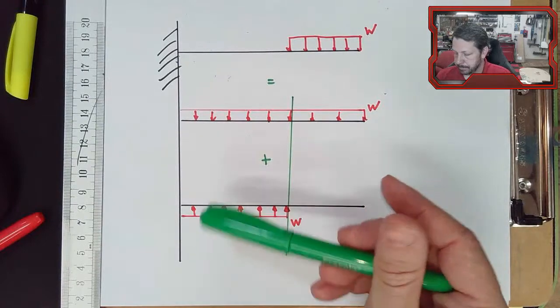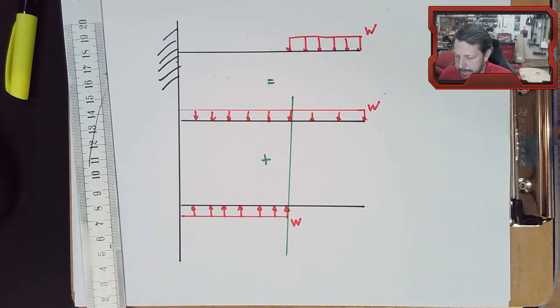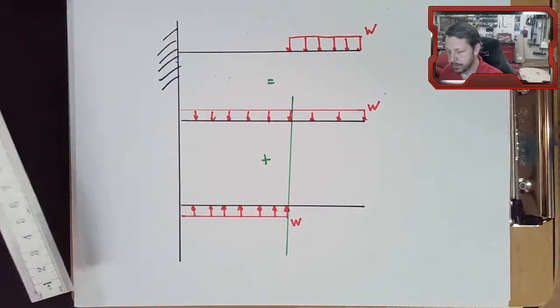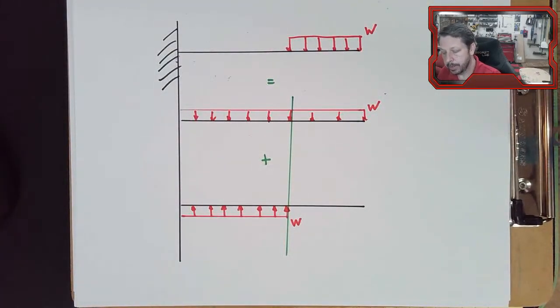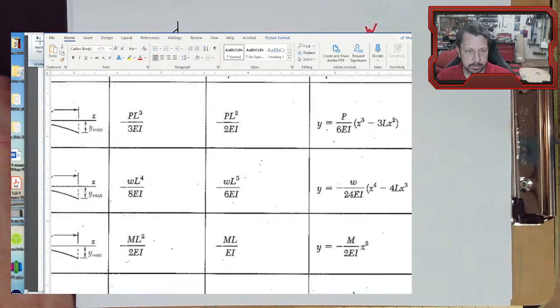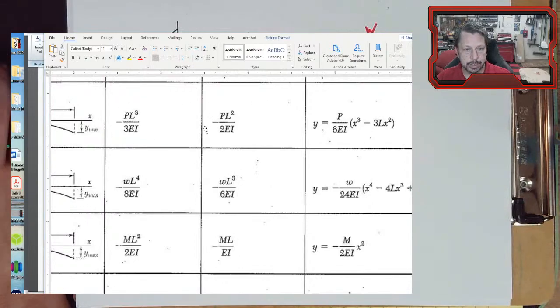All right, what we're going to do next time is more beam deflection. We'll probably work some more examples too, but the main point of next time will be how do you even get these equations to begin with. So these equations, the maximum one and the slope, those are just coming from special cases of this equation of the elastic curve.